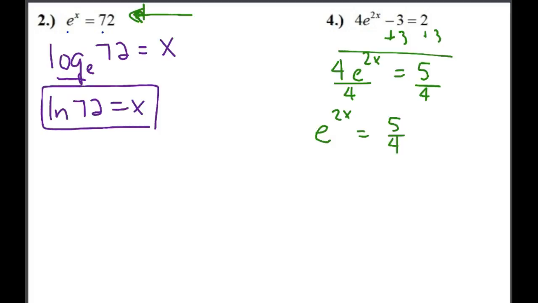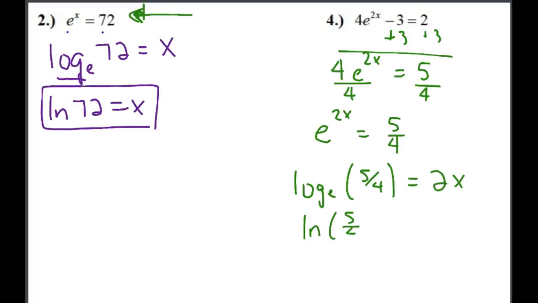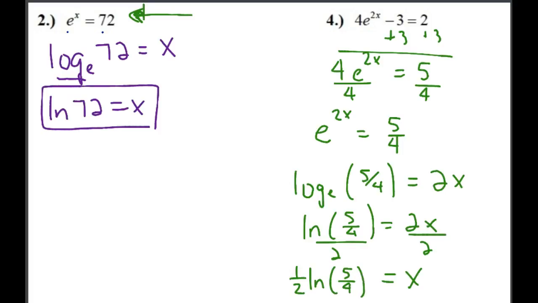I can't write both of these with the same base, so I'm going to rewrite it in log form. So my log is log base e of 5/4, and logarithms equal exponents. My exponent is 2x. Log base e I can write as natural log, and equals 2x, and then I can divide both sides by 2. So I have x equals, I'm going to write this as 1/2 natural log of 5/4.